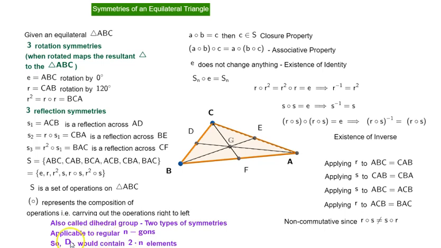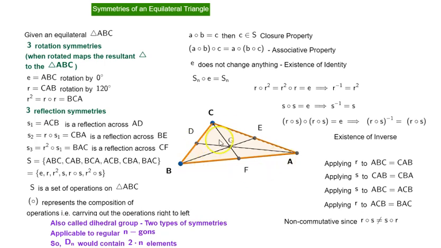And in general, the dihedral group of n sides would contain 2 times n elements. So in case of this equilateral triangle, there are 2 types of symmetries and we have 3 sides. So 3 times 2, 6 elements should be there, and we do have 6 elements.